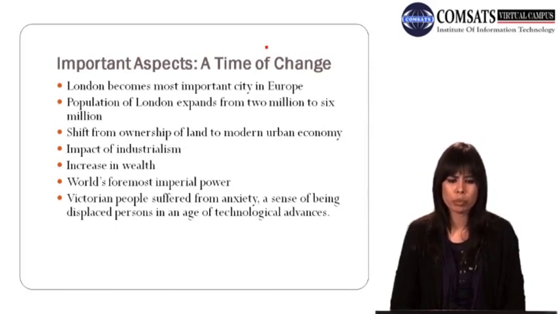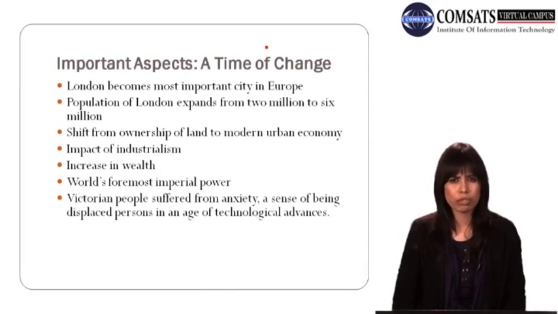There is a shift from ownership of land to a modern urban economy. So here you can see the influence of industrialization. As I told you before, the impact of industrialism was an increase in wealth, making it the world's foremost imperial power.